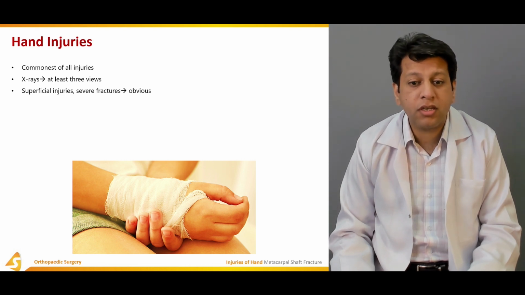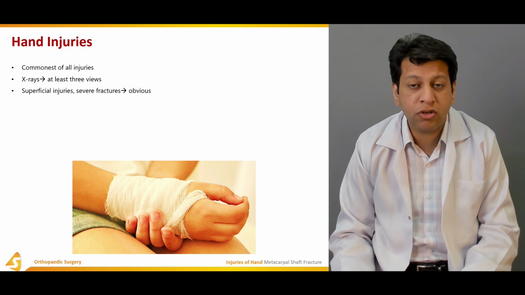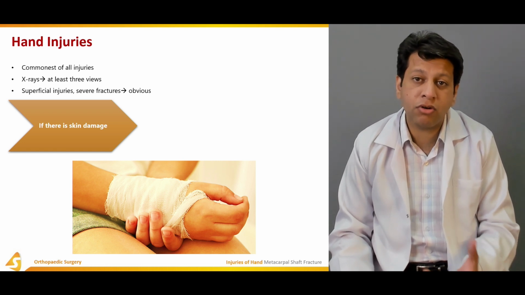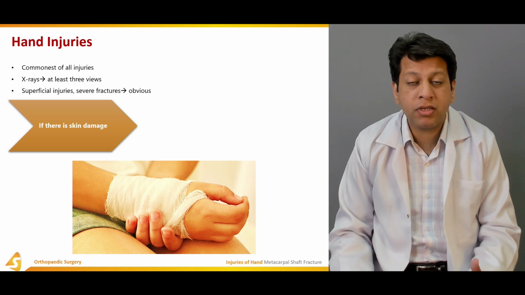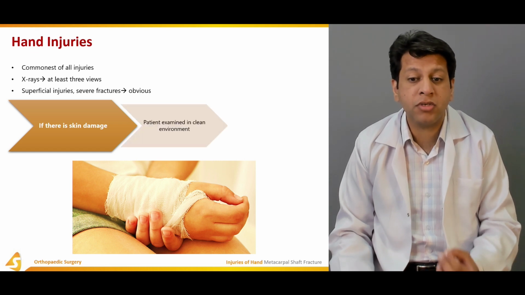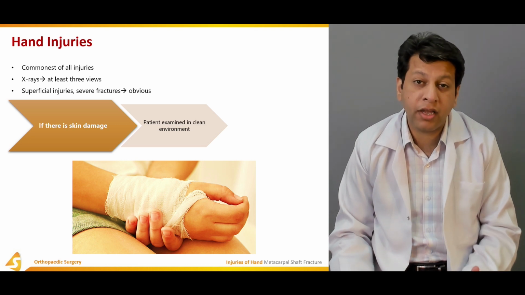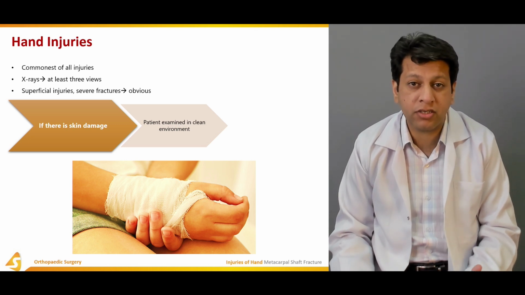Superficial fractures could be very obvious. There could be extreme tenderness at the point. And if there is skin damage, for example, if there is an open injury, then one must be very careful that the patient must be examined in a clean environment. Why? You don't want to further contaminate the hand, which is a very important and vital structure.